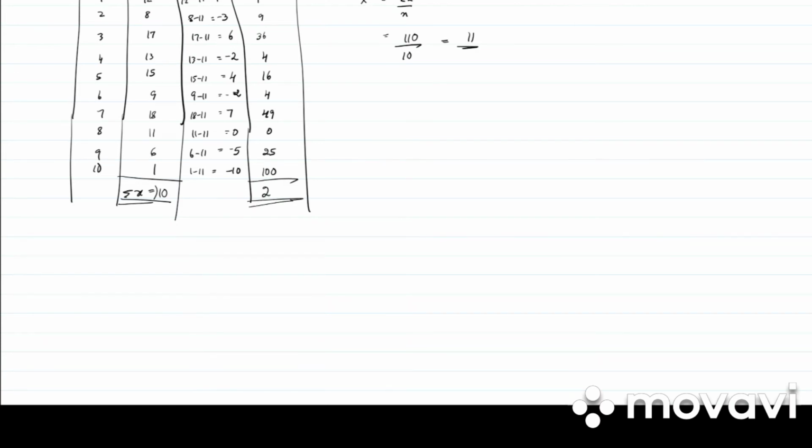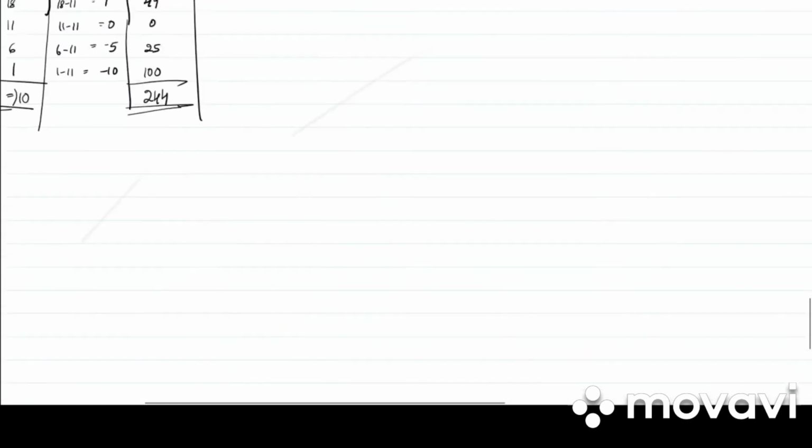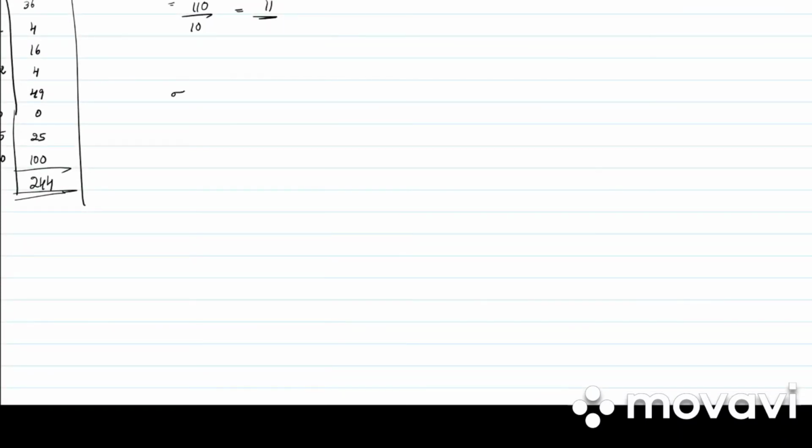It is 244. So what is the formula? It is summation x minus x bar square divided by n. So it is 244 divided by 10, square root of 24.4. So now how do we find the square root of a particular number?